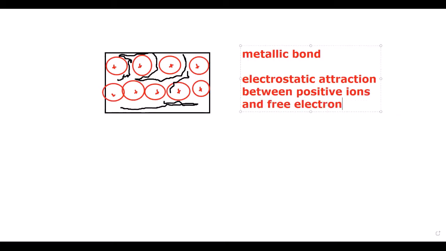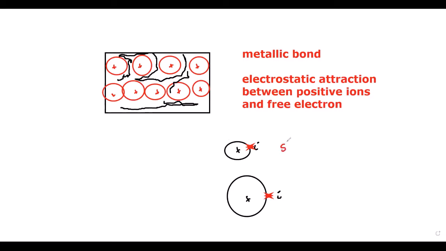So what happened in case of the metals? The positive ions, as we go down the group, the size of the positive ion is increasing. So as the size is increasing, and they have a charge of +2 because we are talking about group 2 elements, the attraction between the electron and the positive ion weakens, and due to this weak attraction, as a result the melting point will also decrease.